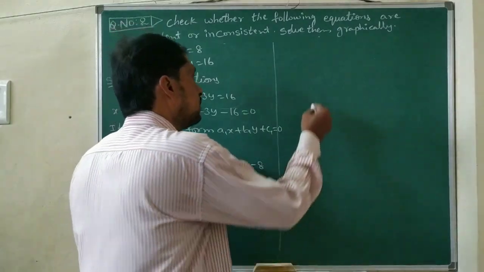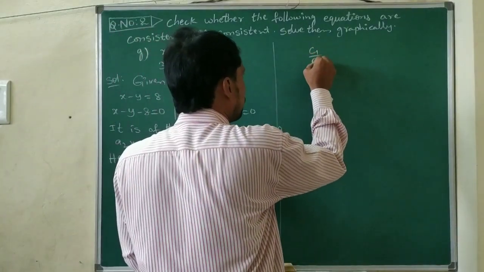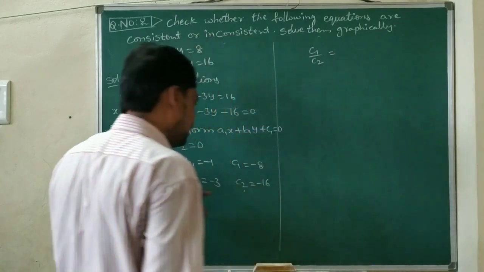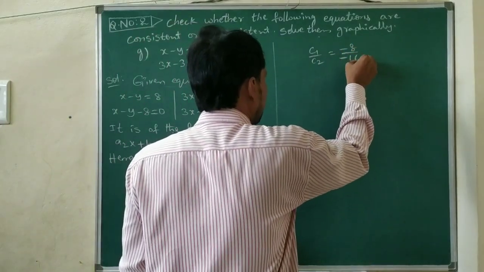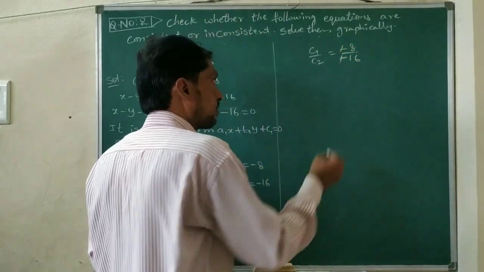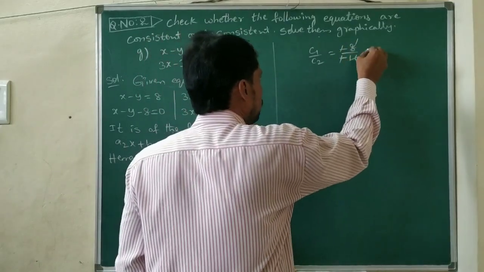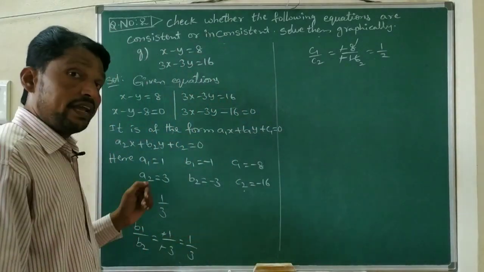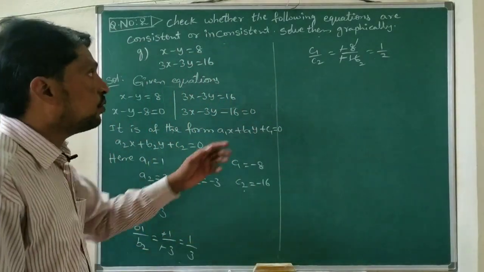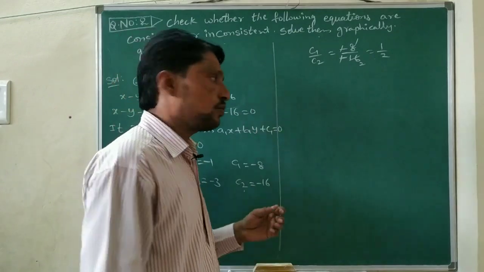Now you can take c1 by c2. What is c1 here? That is minus 8 by c2, which is minus 16. Minus gets cancelled. 8 ones are 8, 8 twos are 16, that equals 1 by 2. So here we got a1 by a2 equal to b1 by b2 not equal to c1 by c2. That one you can write.